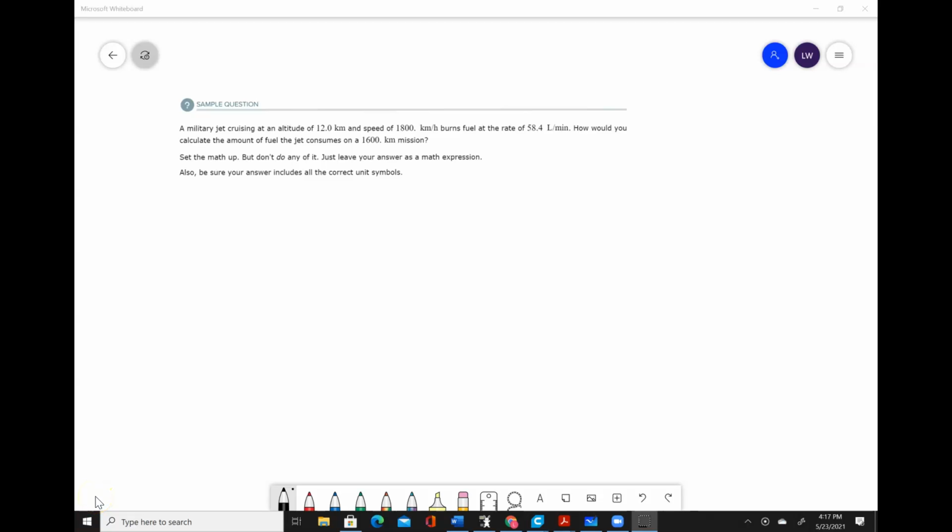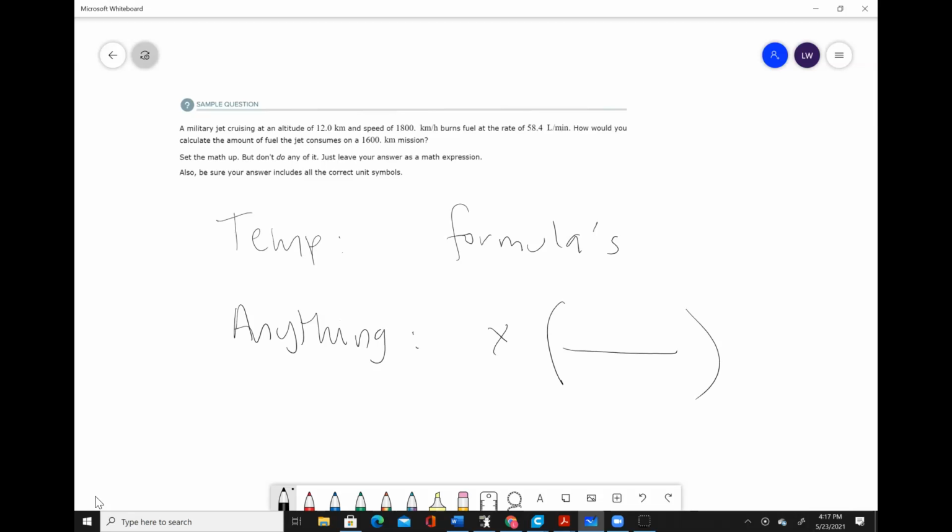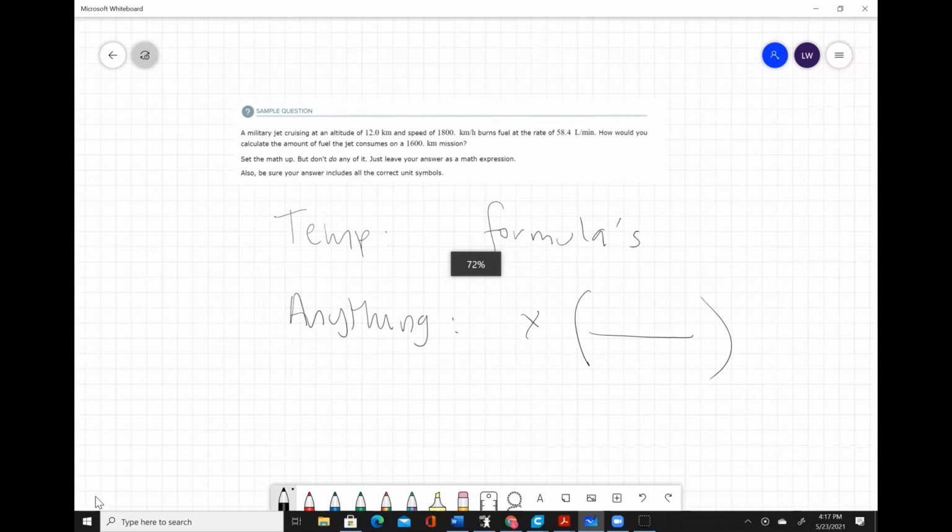So this is a sample problem for doing a two-step unit conversion. When we do unit conversions, we do one of two things. If we're converting temperatures, we use formulas, and anything else that we're converting, we use conversion factors, and conversion factors are fractions.